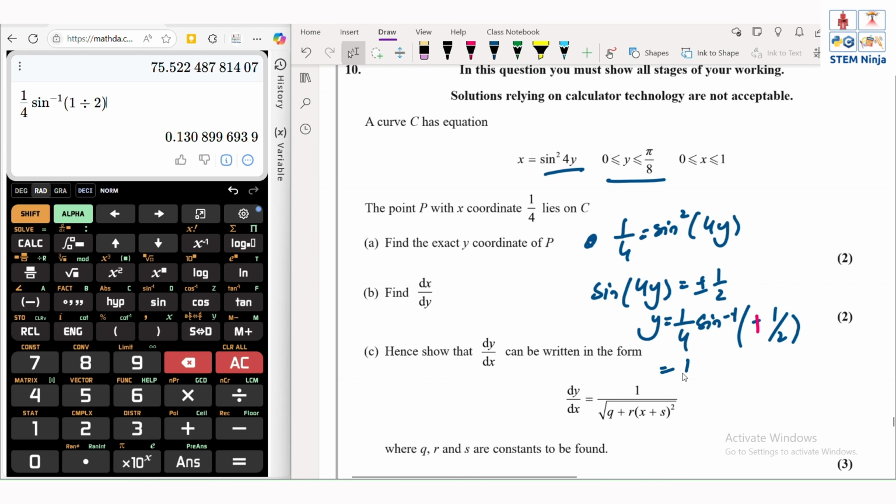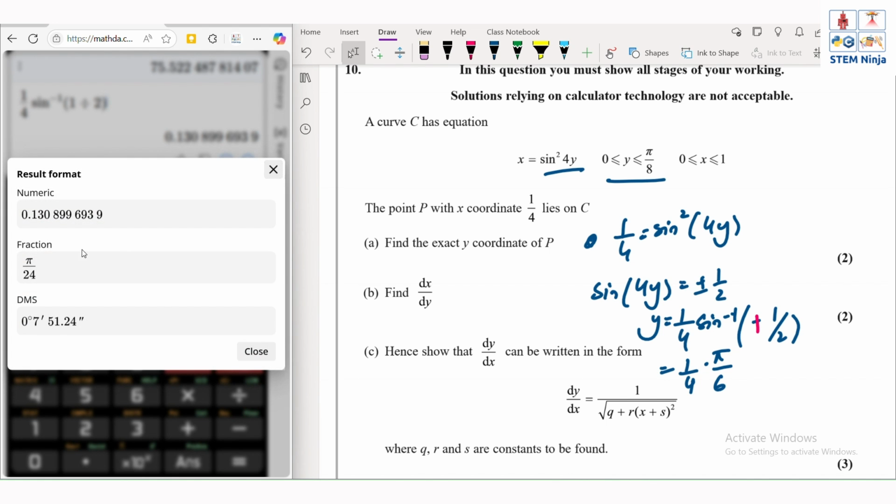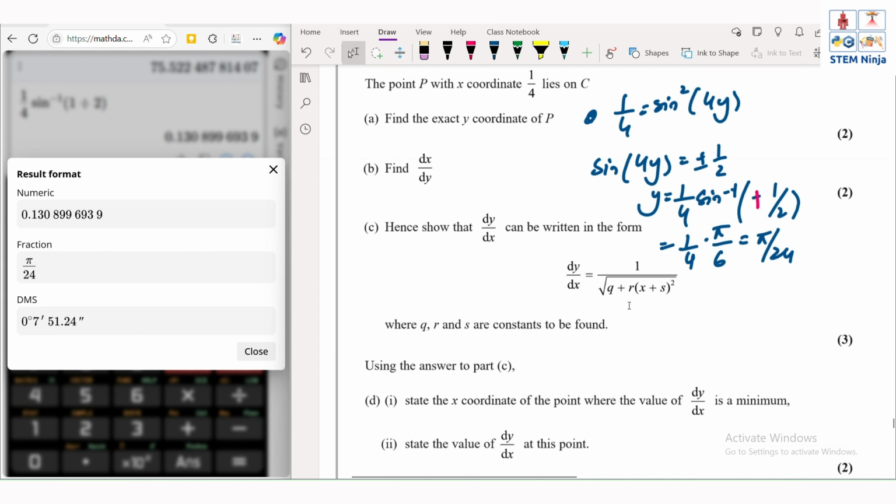So 1 over 4 times sine inverse of half, which is pi by 6. So we should get pi by 24, and this is pi by 24. All right, so this is what you can write over there.